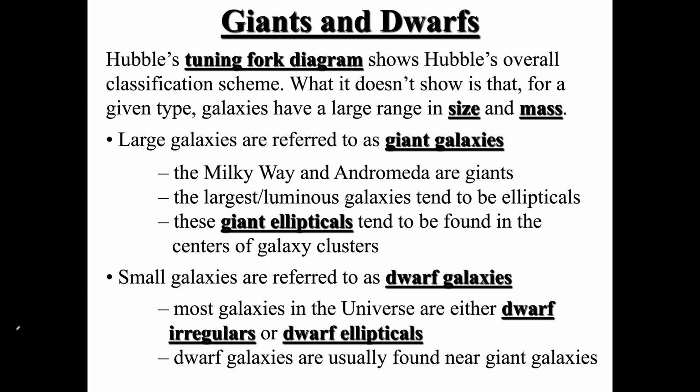For example, Milky Way, Andromeda, these galaxies are giant galaxies, and in fact, they are giant spiral galaxies, and we have very large and very luminous galaxies, and they are normally called elliptical galaxies, right? And you have giant spirals and giant ellipticals.